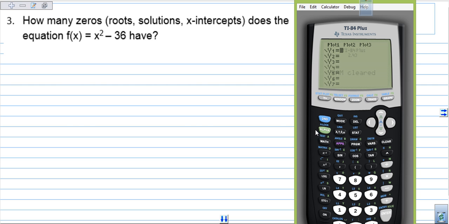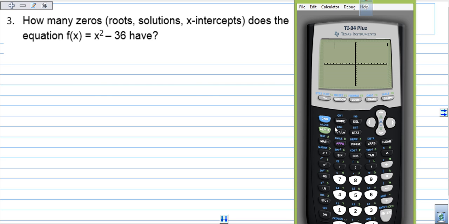So you're going to go to y equals in your calculator. You're going to type in the function from the equal sign over. So we have x and then squared and then minus 36. And then you're going to press graph so that you can see a picture.